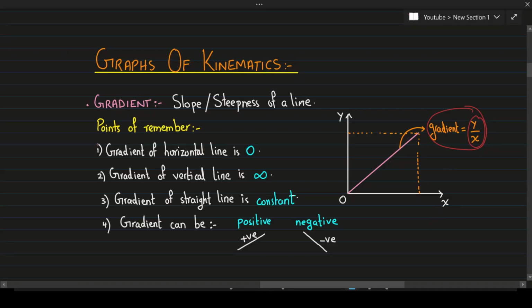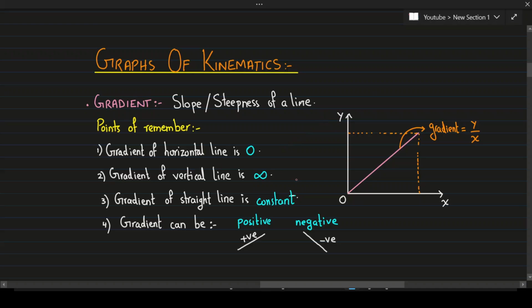So for gradient, there are some points that you need to remember. These are very important points. First point is that the gradient of a horizontal line is always 0. If a line is like this, there is no slope, no inclination, which means that the gradient of the line is 0.